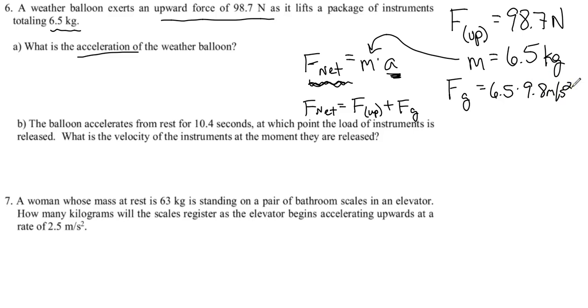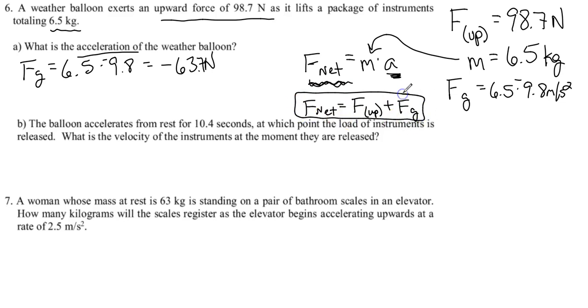Don't forget that force of gravity is going down. So the force of gravity is equal to negative 63.7 newtons.